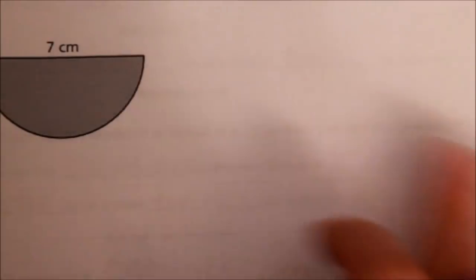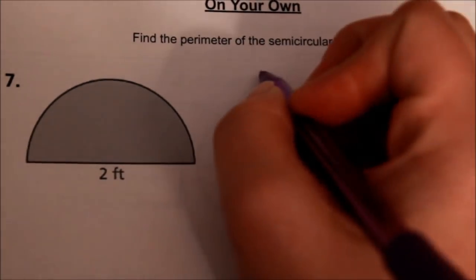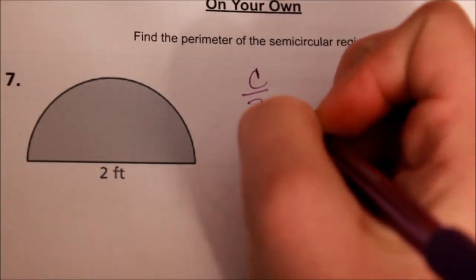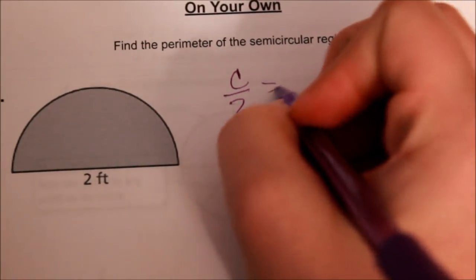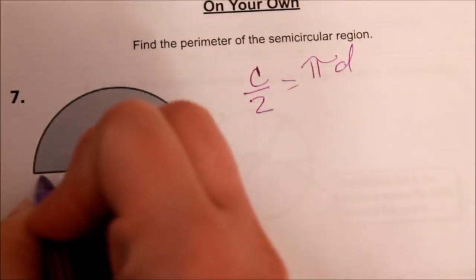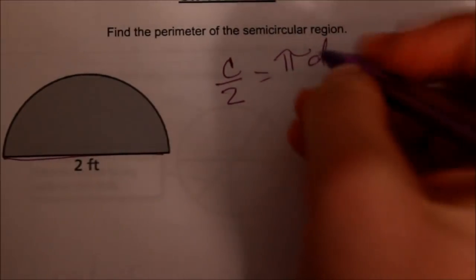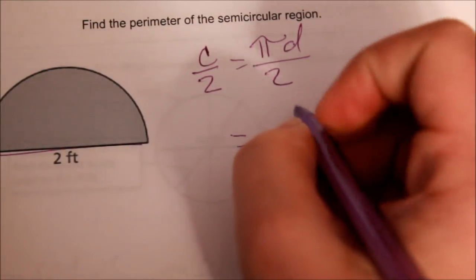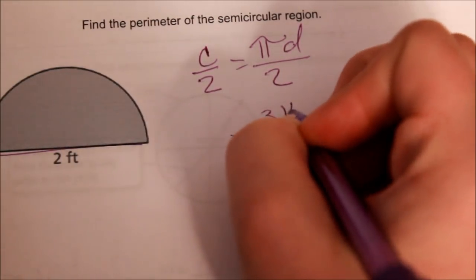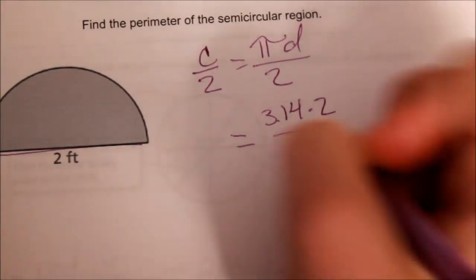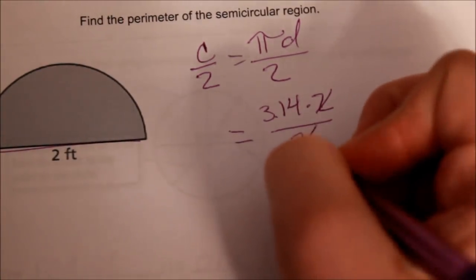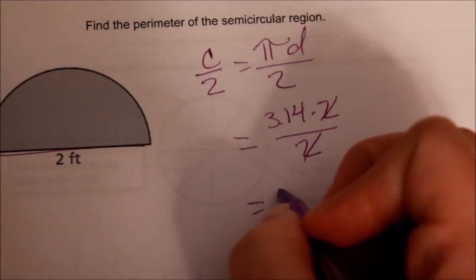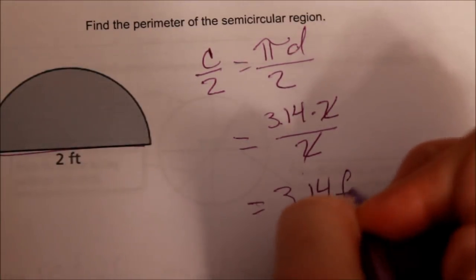Now I'm going to go over the last two, numbers 7 and 8 of the on your own problems. Now remember that we have the circumference divided by 2 when we have a semicircle. So we have pi times the diameter, because right here we're given the diameter of 2 feet. And we're going to divide that by 2. So that's going to be equal to 3.14 times 2 divided by 2. Well, times 2 divided by 2, that cancels each other out. And we're going to have that it equals 3.14 feet.